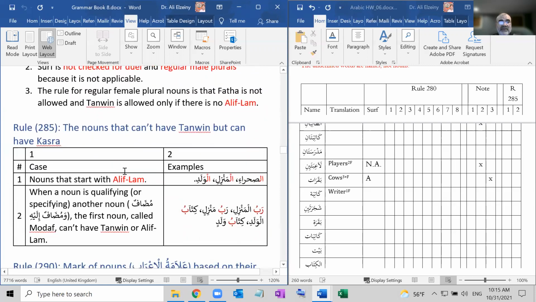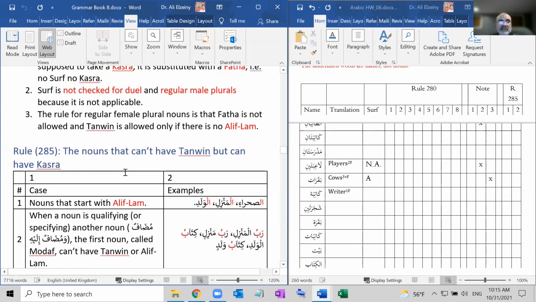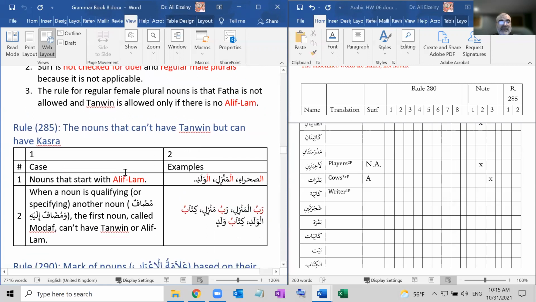Okay, and rule 250, row number 1 or case number 1 and case number 2 don't apply. So sarf is allowed.